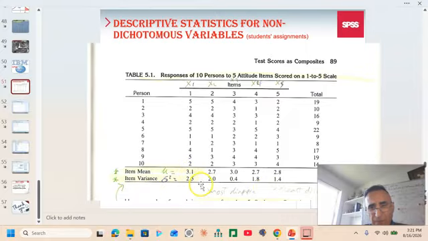If you look at those variances, you see the lowest is 0.4, which is question 3. If you had to get rid of one of these questions, it would be question 3, or item 3. Why? Because it has the lowest variance. Variance is about the quality of items, for example, in test construction.